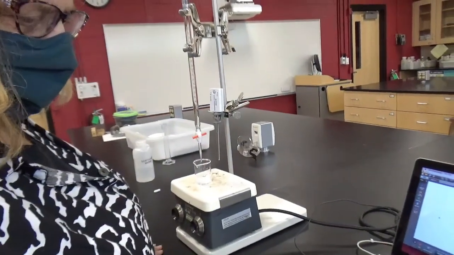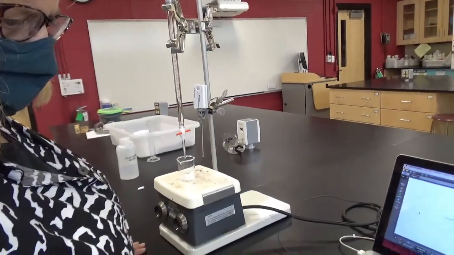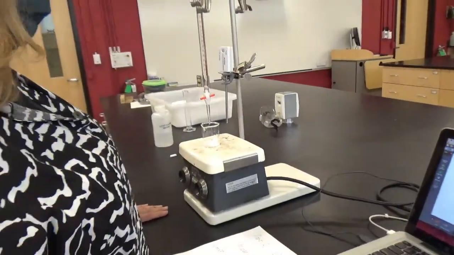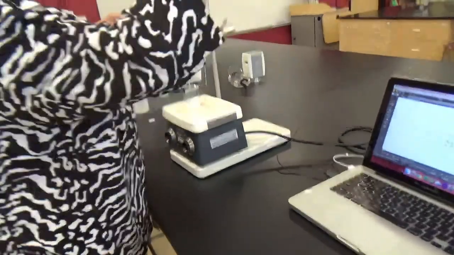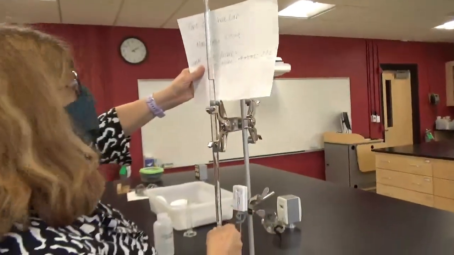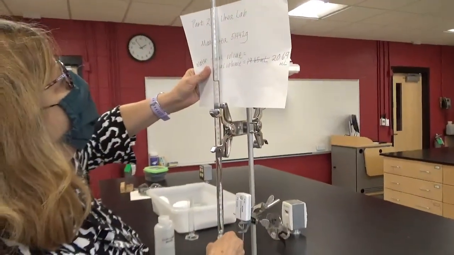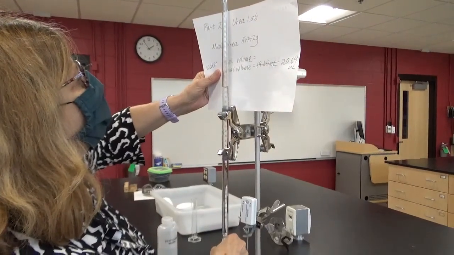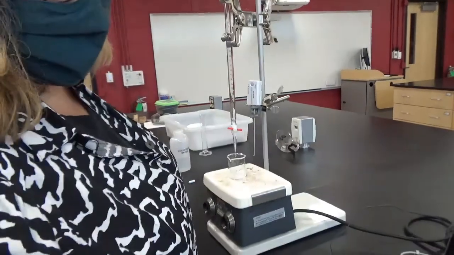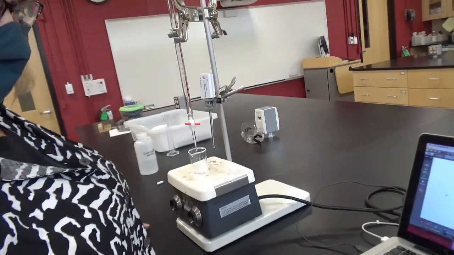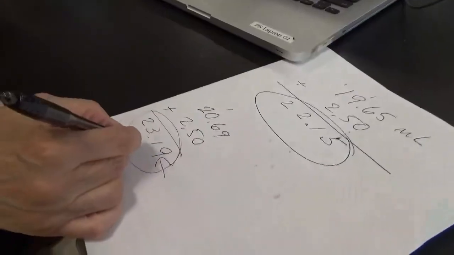We have a lot of fun in lab correcting our mistakes. So it should be 23. We never make mistakes in lab. 23, but didn't feel like 2.5. All right, there we go. So that's what we did. We added about 2.5, so we're about at 23.19 mils.